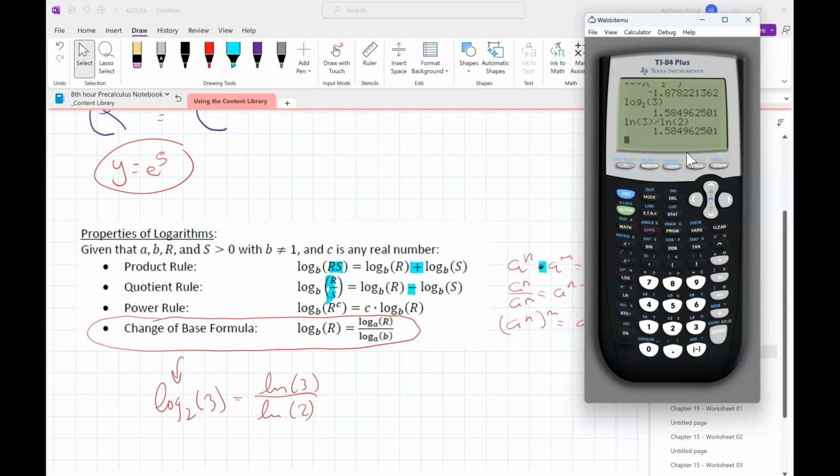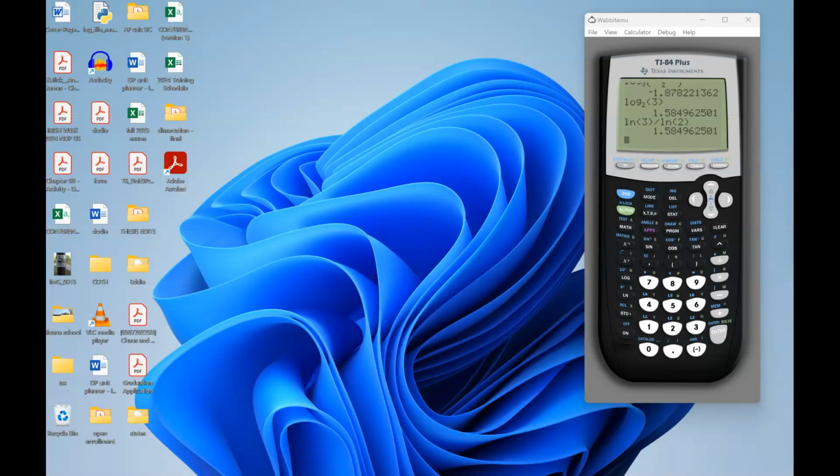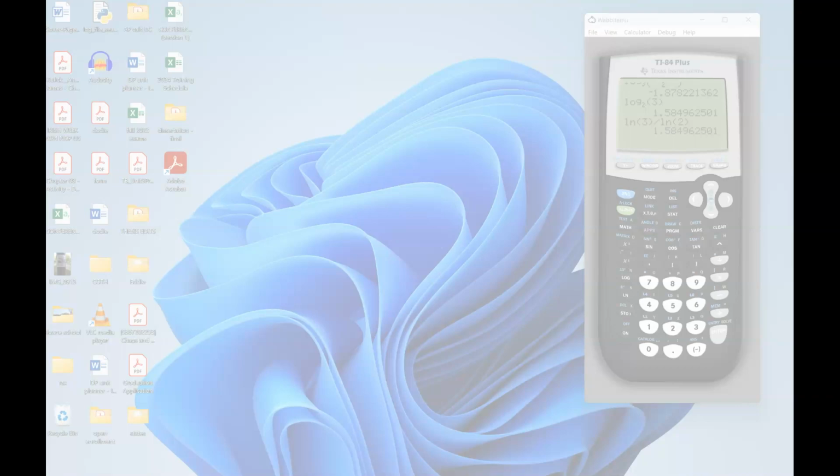But really, folks, how would you do something like this? Use the log base button from your calculator, and you can just type it in exactly like it looks, and it's no big deal. So the change of base formula went from something that was extremely valuable as a high school student to something of negligible value because of the incredible power you wield in the palm of your hand. That graphing calculator is a remarkable piece of technology that Mr. Kulik, as a 16 or 17-year-old, would have been really excited about, for how much easier it made his life.